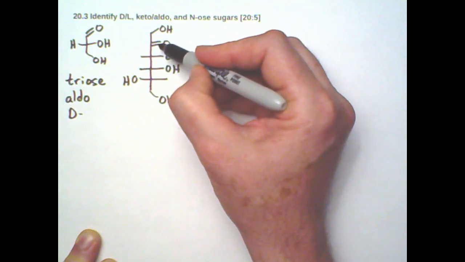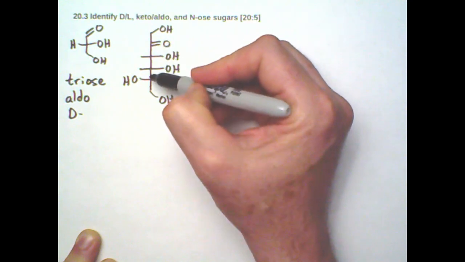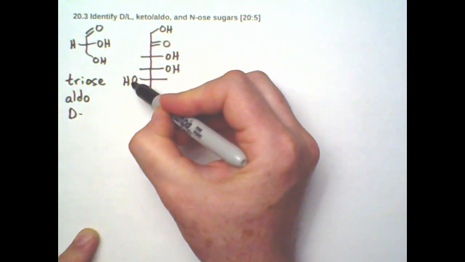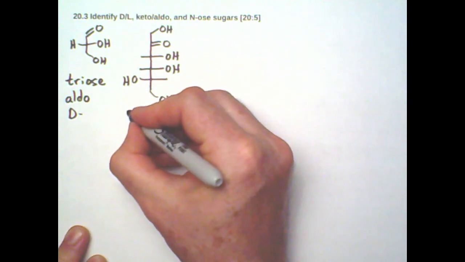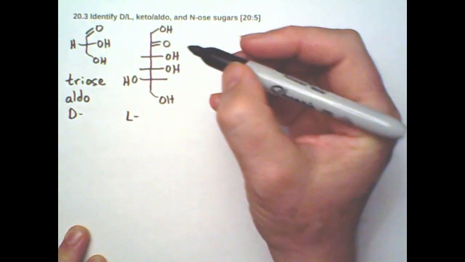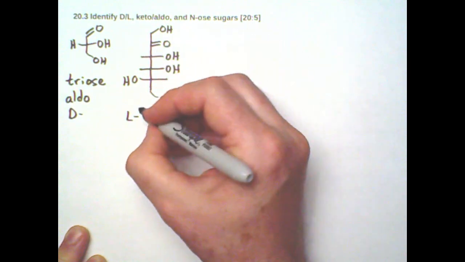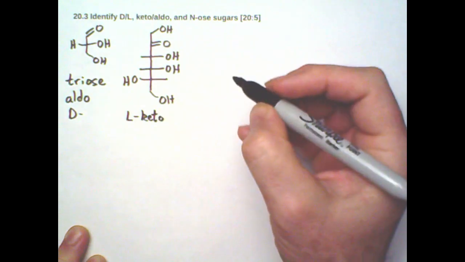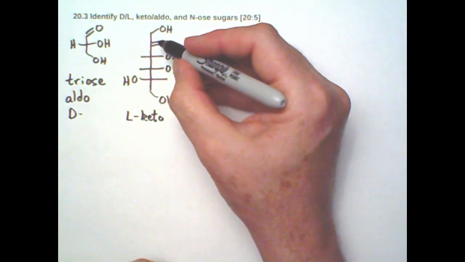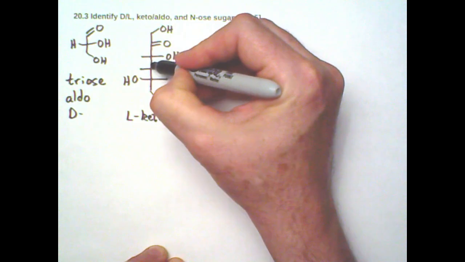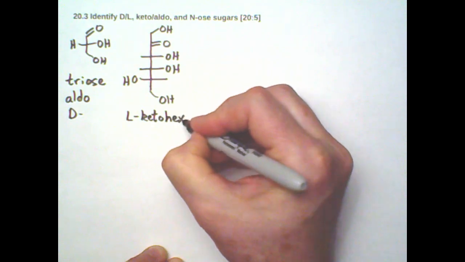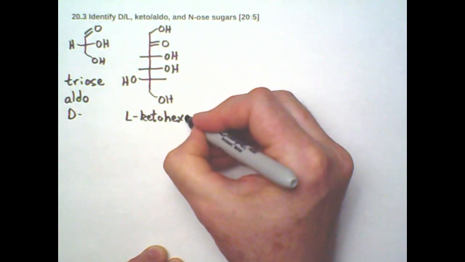We find the ketone. Go to the farthest chiral carbon and see that the OH group's on the left. This is an L sugar. It's a ketone. So it's a keto sugar, and it has 1, 2, 3, 4, 5, 6 carbons. So it would be a hexose.